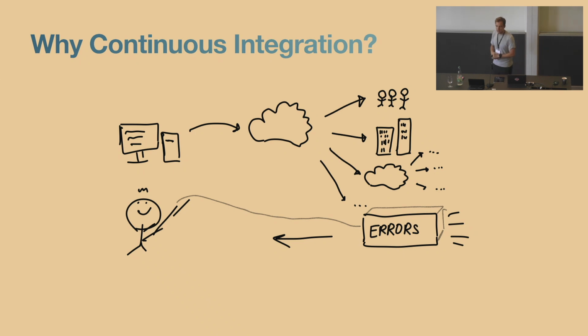I couldn't find the source of a phrase that I always keep in mind working with continuous integration, and the phrase is quite simple: shift your errors left. Basically that's what we are trying to do with CI/CD. What does shift your errors left mean?